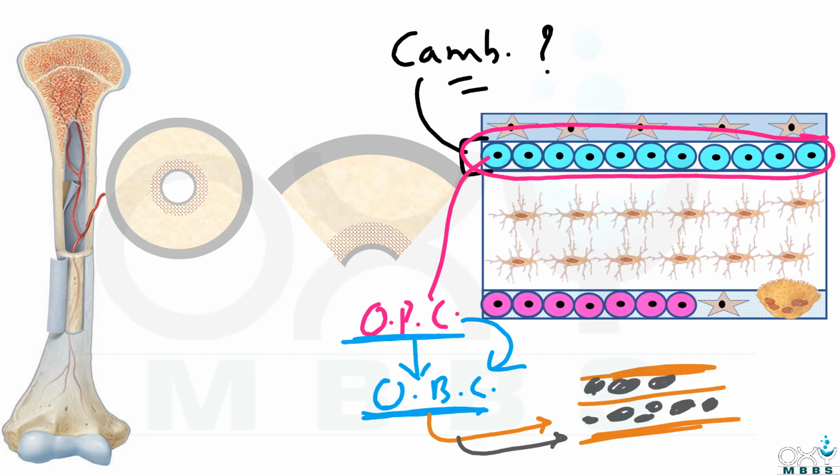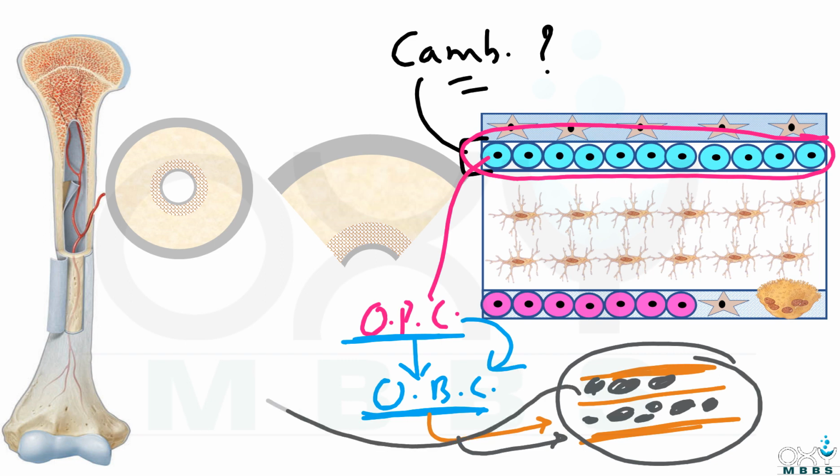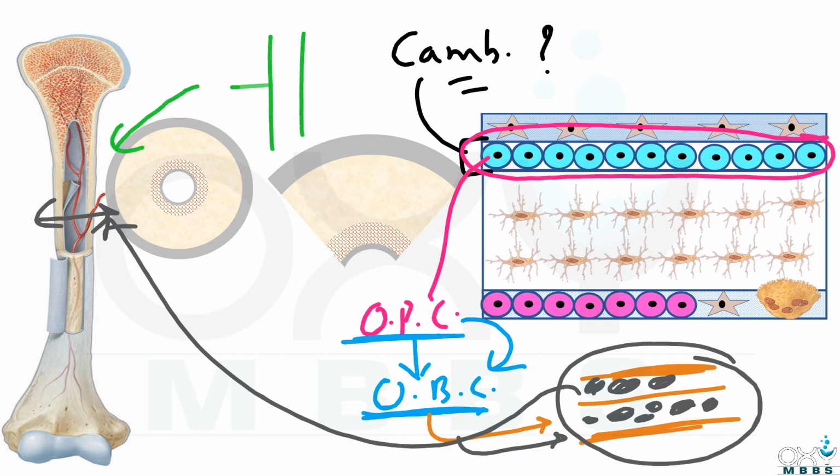And because of this, the thickness of the bone is increased, like the cambium layer present in plants, which causes an increase in the thickness of the plant. That is why its name is given cambium layer.